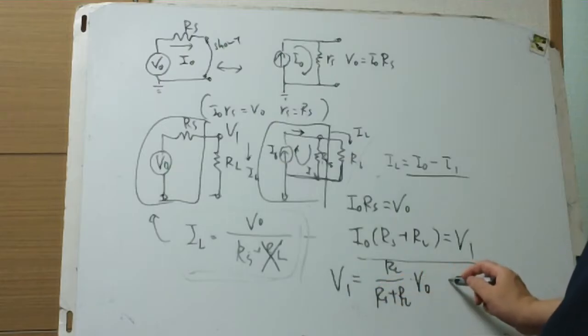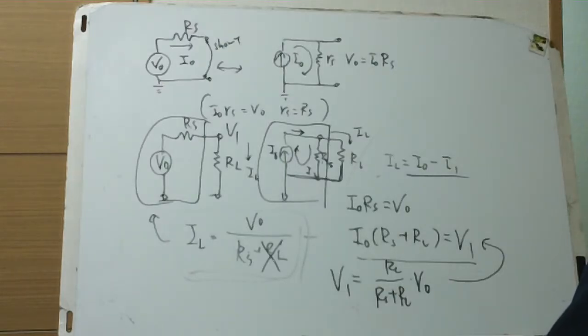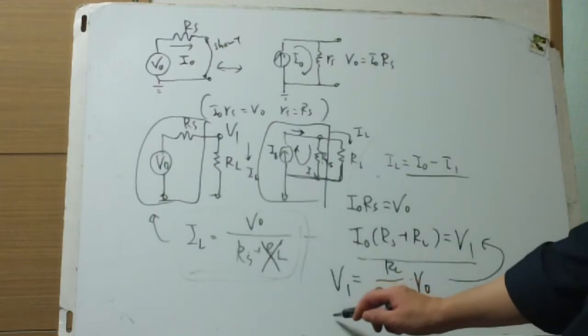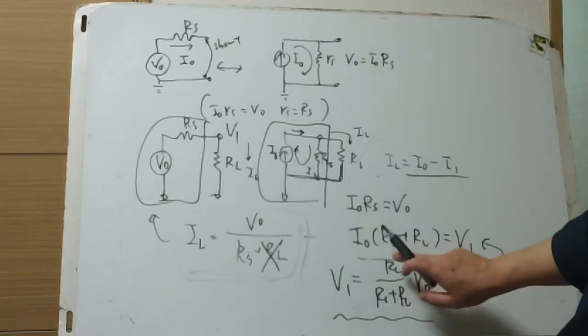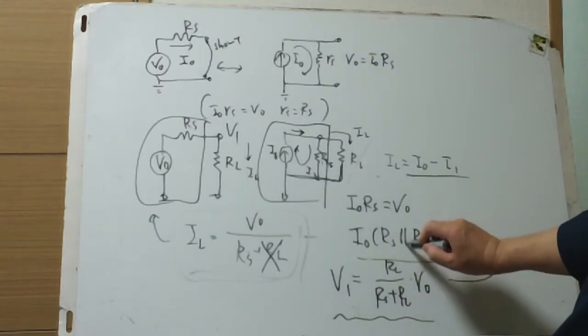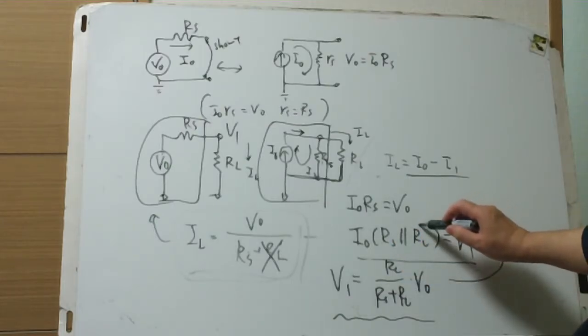And V1 here, what do we get? When V1 equals this, IO times R, this is the parallel resistance.